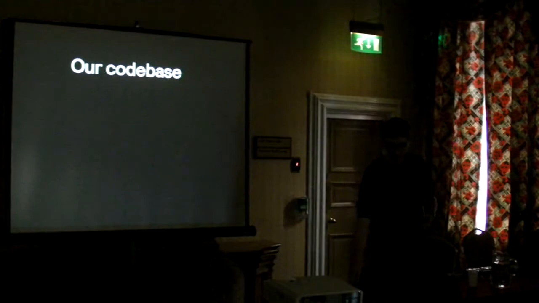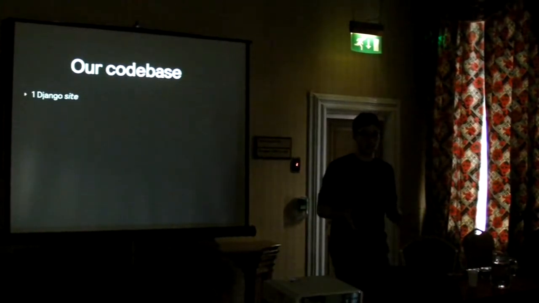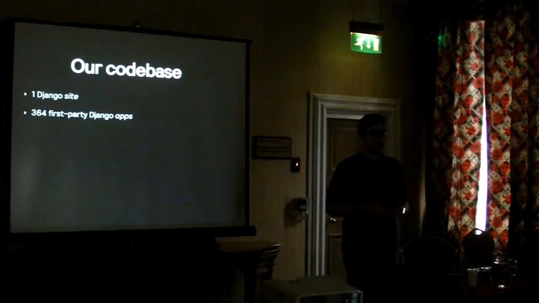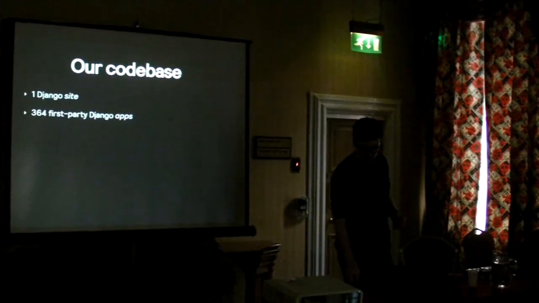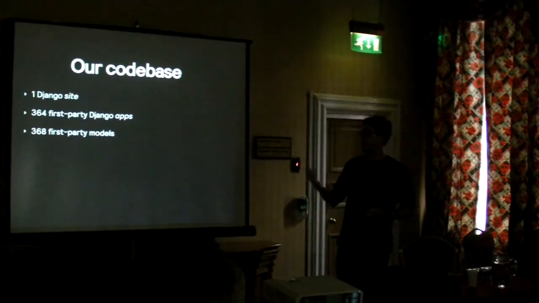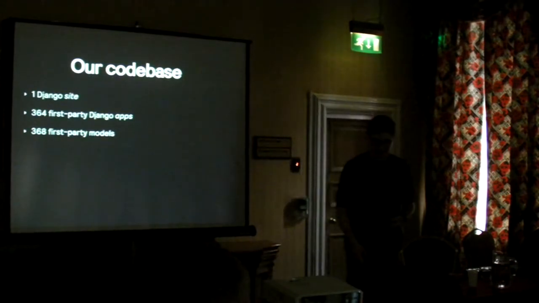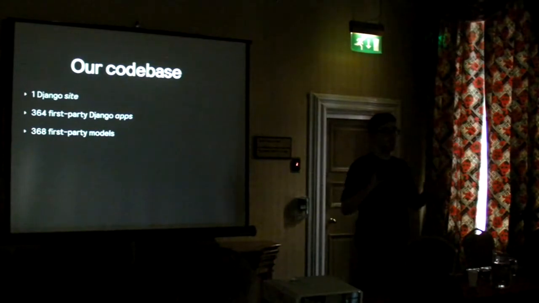So our code base is mostly one Django site. 364 first-party applications when I counted this about a month ago. We've added more since then. Only 368 first-party models, though, which may give you a bit of a hint of the direction I'm going with this. This is, as I said, not any third-party Django apps that we've installed.